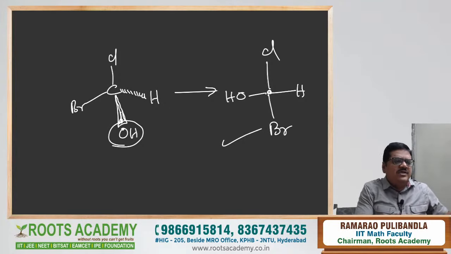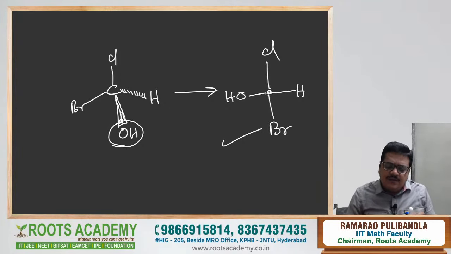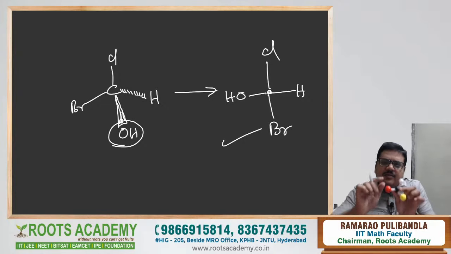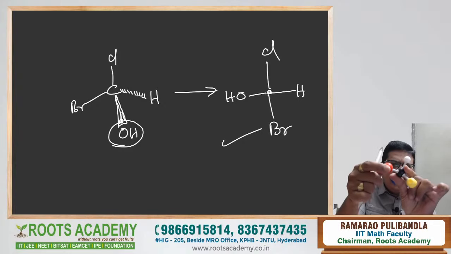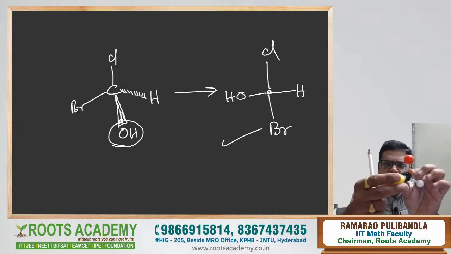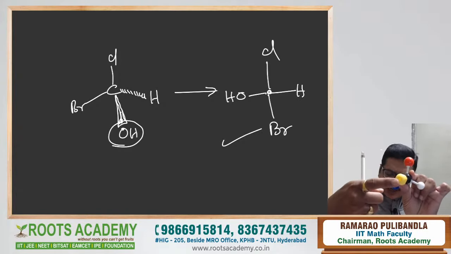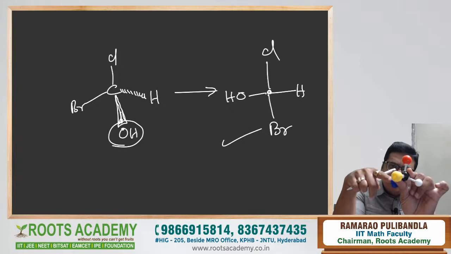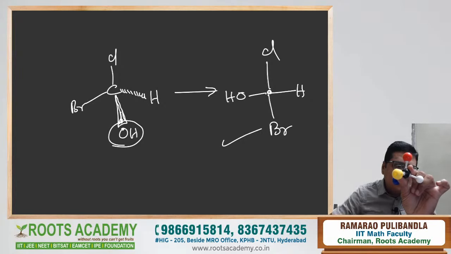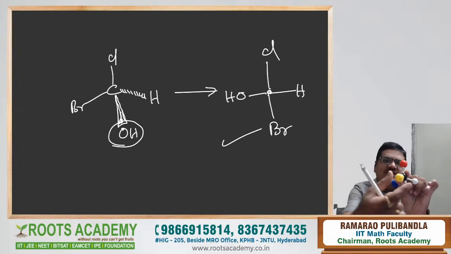Now see, my dear students. This is the compound. Here the yellow ball is OH. This red ball is chlorine. This is the blue ball. Now how to convert this compound into two-dimensional? Who is observing you?